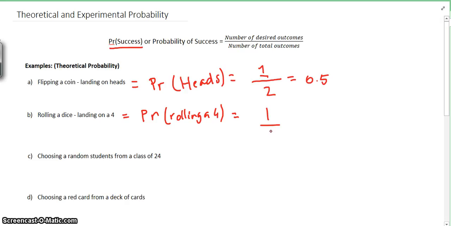Well, there are 6 options on the die, because you can land on 1, 2, 3, 4, 5, or 6. So that is our probability, and we can't simplify this down any further. However, we can express this in a decimal format as well, which is approximately 0.16 recurring.